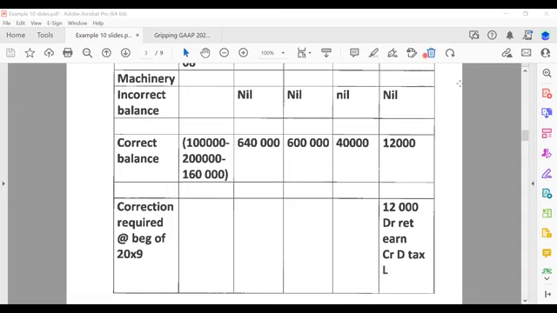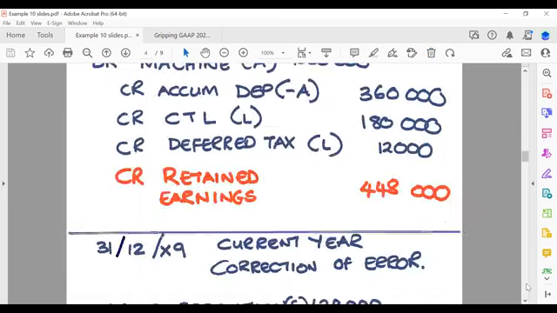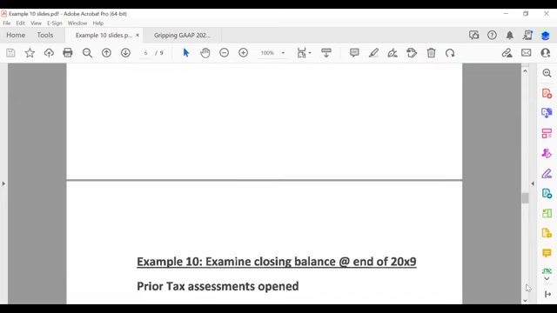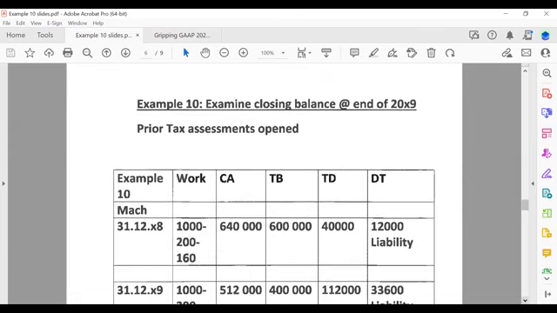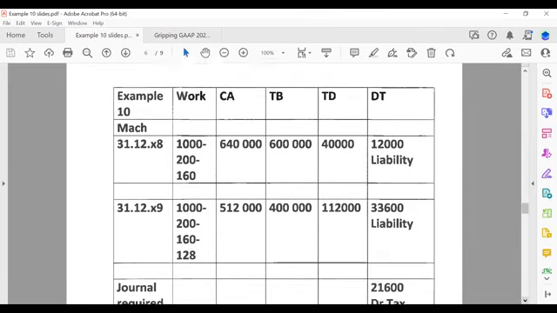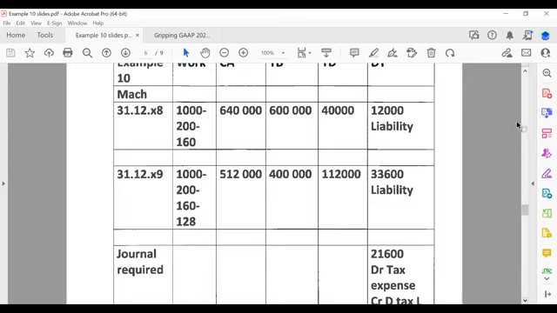Now that we are in the current year, you can just scroll down. We go into the current year, and you will see our starting point now is what we have done with our first journal entry. Here's our 12,000 deferred tax liability that we've created.